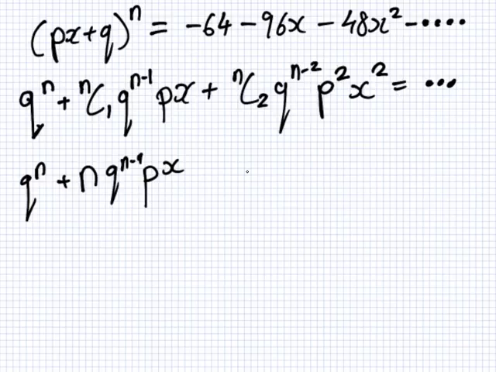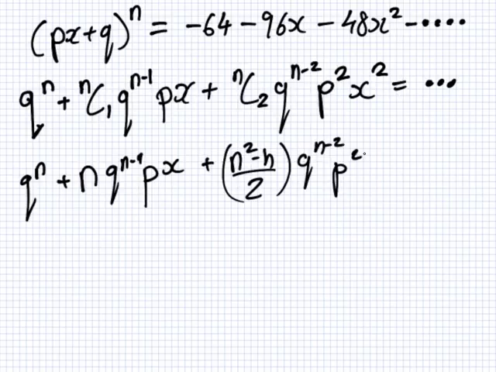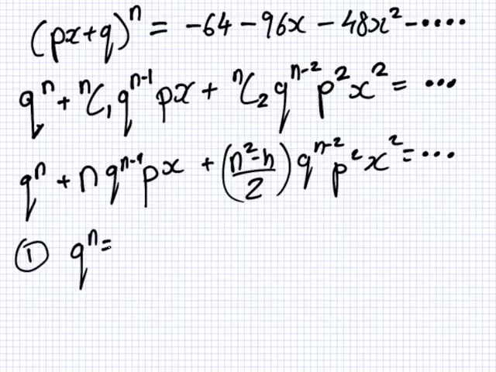Okay, continuing here. So NC2 we said was n squared minus n over 2, q n minus 2, p squared x squared equals... Now, time to compare. Equation 1: qn should equal minus 64.